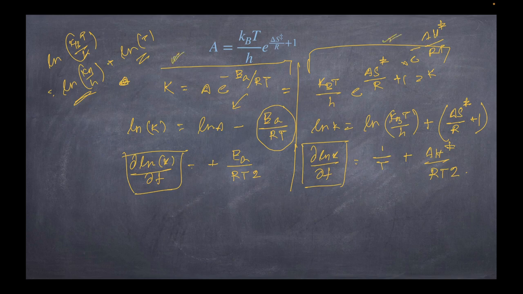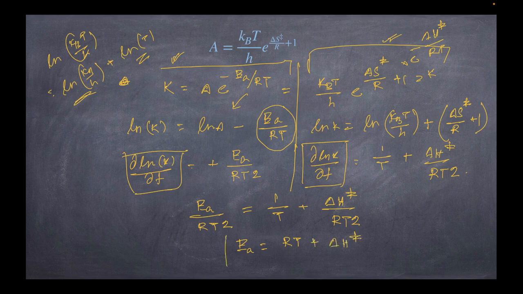Now we can equate these two terms. So EA divided by RT square equals 1 upon T plus delta H double dagger divided by RT square. Multiplying by RT square, EA will be equal to RT plus delta H double dagger. Okay, got it?